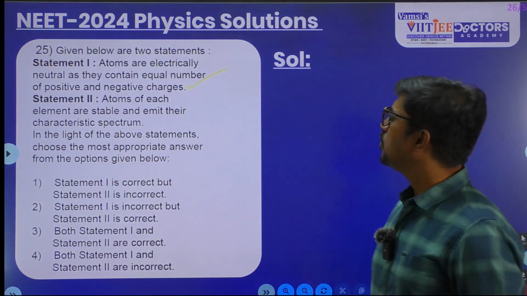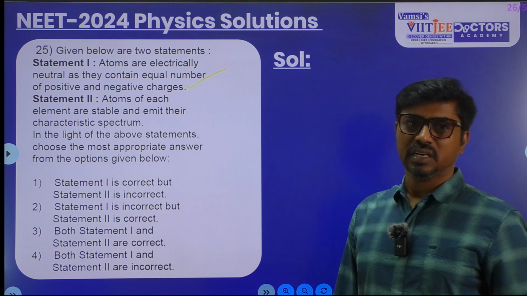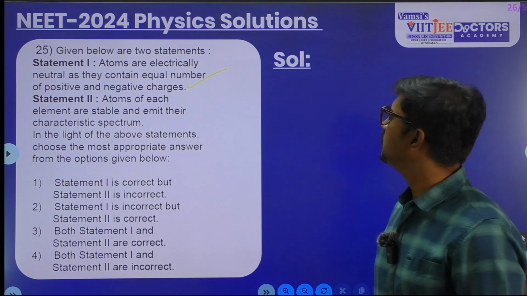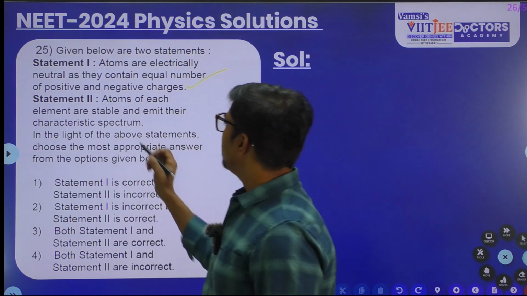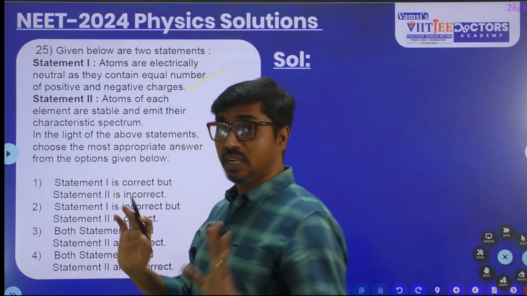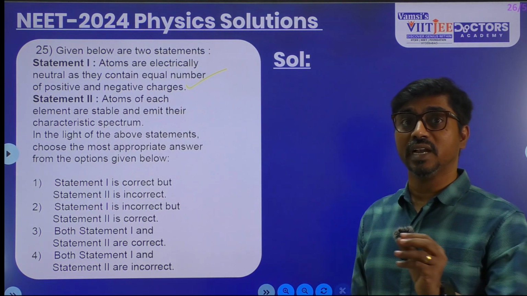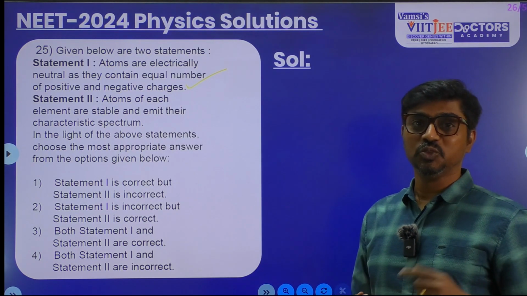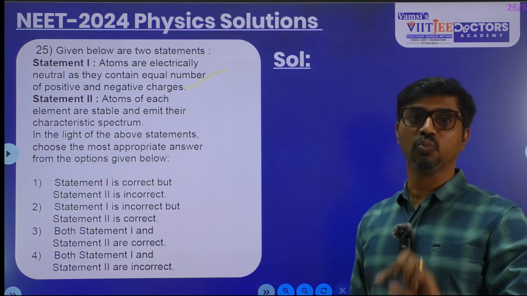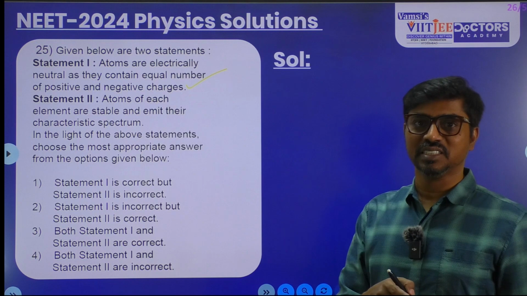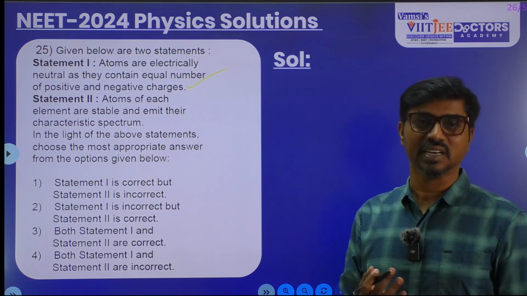Because the NCERT old textbook says, exactly if you take the line, each atom of element is stable. That is what they said. But in the NCERT new textbook, they said most of the atoms are stable. So in the new textbook, they have converted each to most. Now it's written here each, meaning according to the new NCERT textbook, this is a wrong statement. That's what they are claiming.